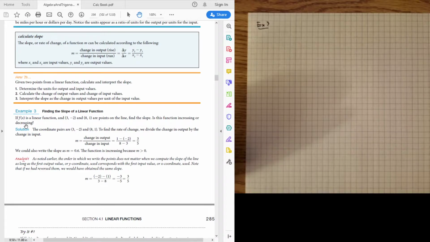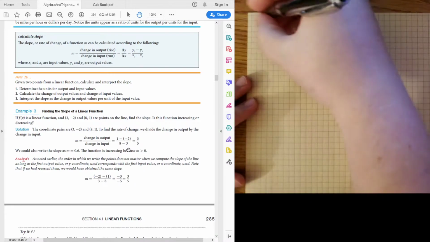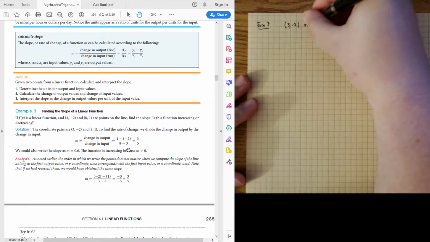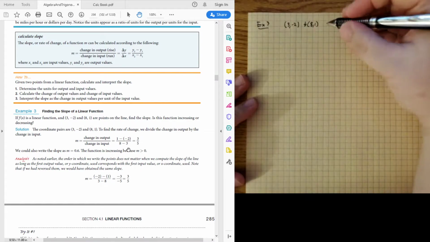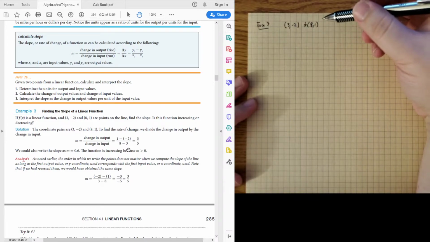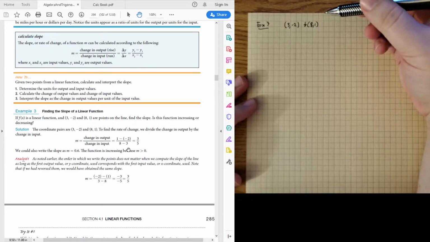Notice that to do this, they are using the slope formula first. Afterwards, they are analyzing the slope formula to determine if it is in fact increasing or decreasing. Let's do this. So they've given us 2 points, the point 3, -2, and the point 8, 1. We're going to use these 2 points to determine if it has a slope, which it will because it's 2 points, and then we're going to see afterwards, is it increasing or decreasing.